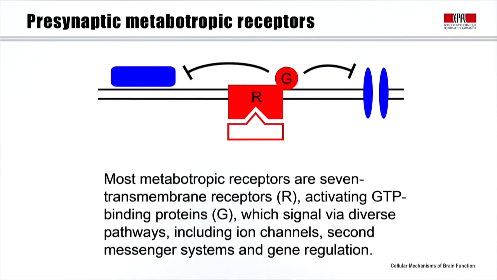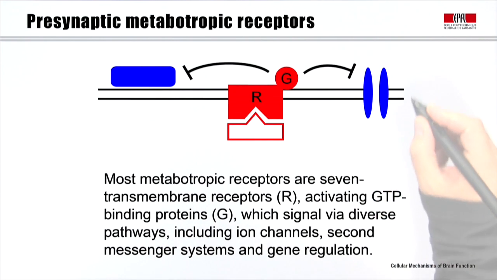The receptors that are most relevant in terms of regulating presynaptic neurotransmitter release are the so-called metabotropic receptors. These are transmembrane proteins, so they have alpha helices, just like the ion channels, but rather than directly forming an ion channel, they signal through to other proteins located on the intracellular side.